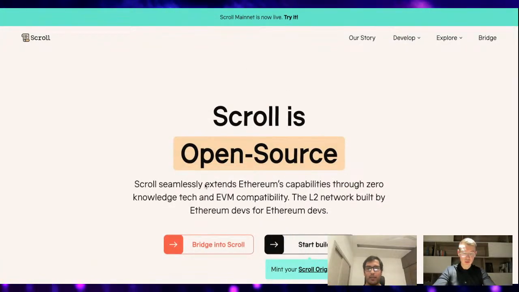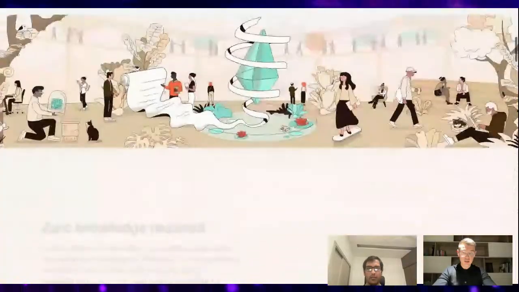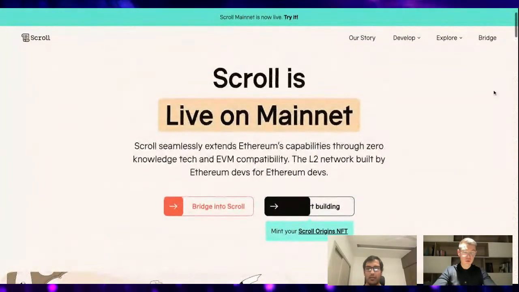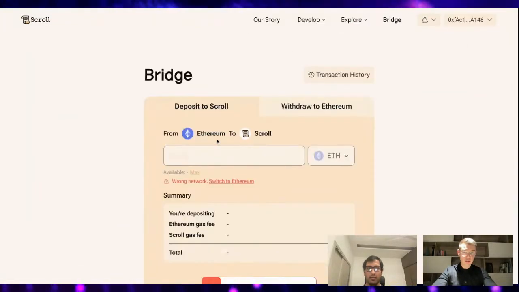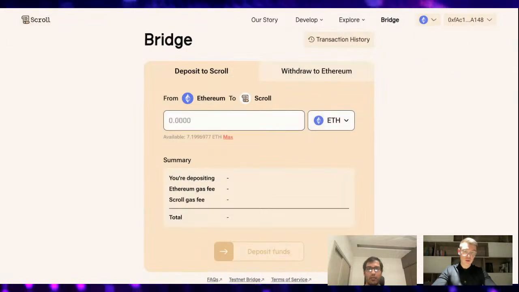You can go to the official website, and you will find the opportunity to use their bridge. This bridge works only from Ethereum to Scroll. So if you bridge funds, you will spend maybe even more than $20 just to bridge them to Scroll. Of course, you can do it, and maybe it will be complementary for you in the future when the team will be distributing money.